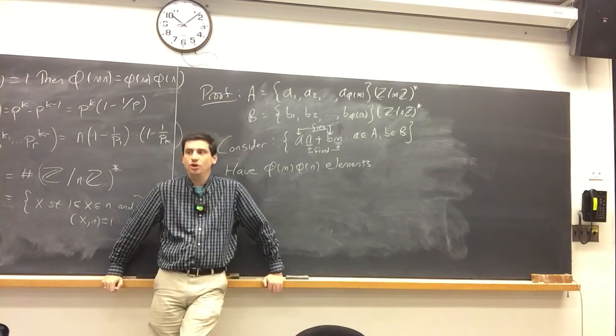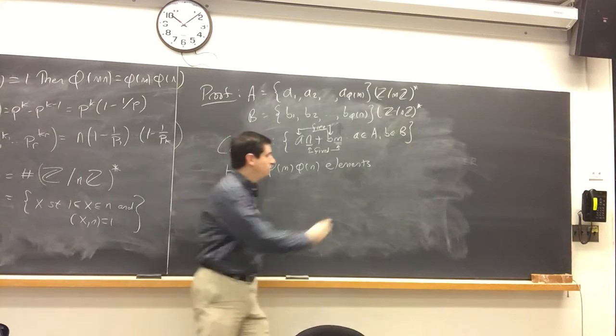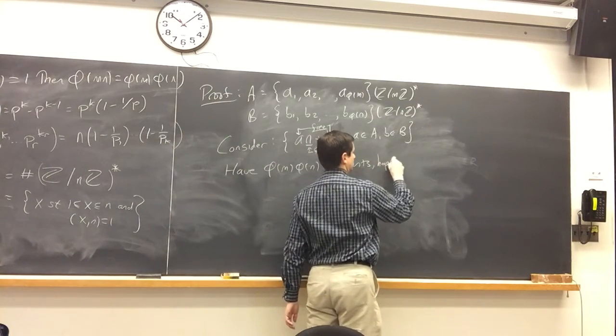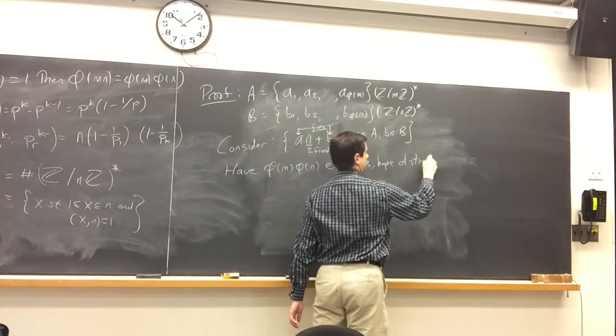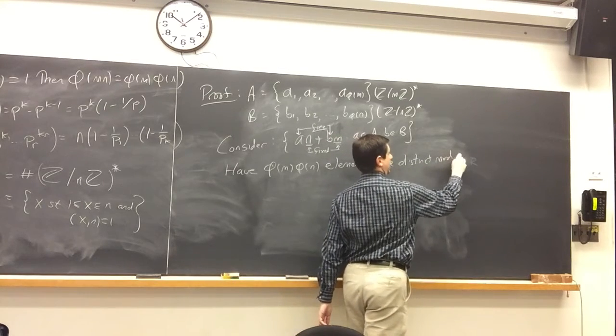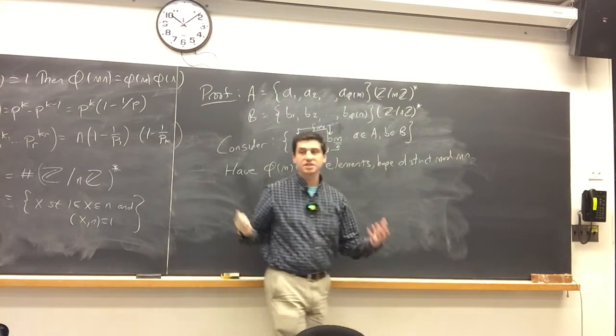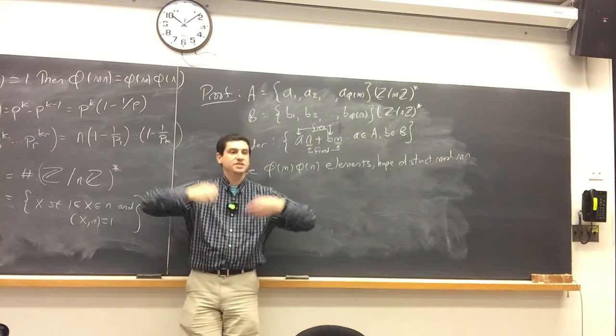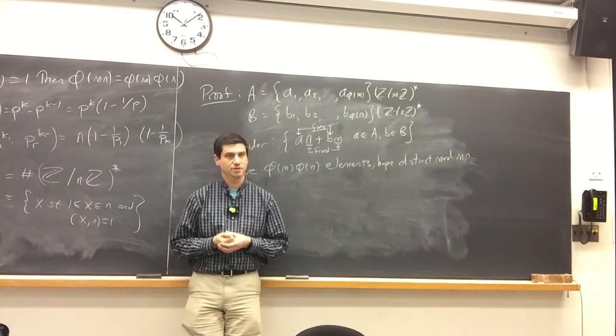The hope is that these are all distinct mod what? Yeah, we hope they're distinct mod mn. Because if they're distinct mod mn, then this is in some sense a set of representatives.